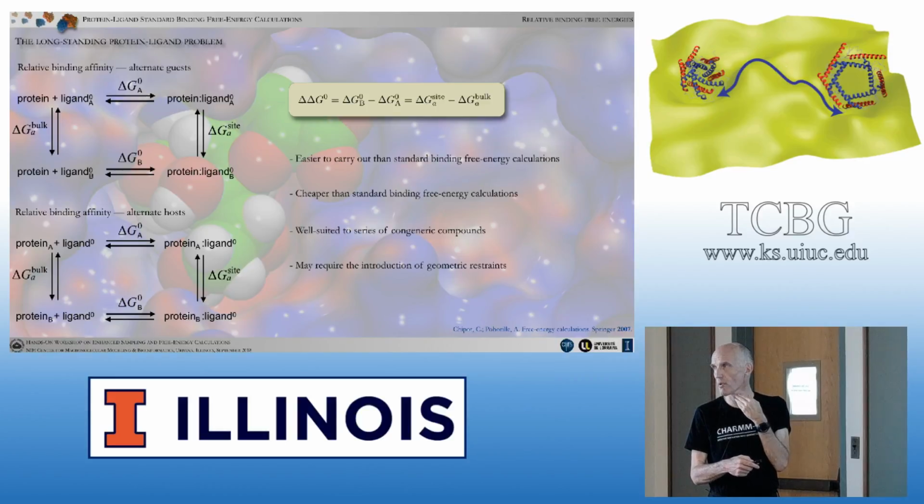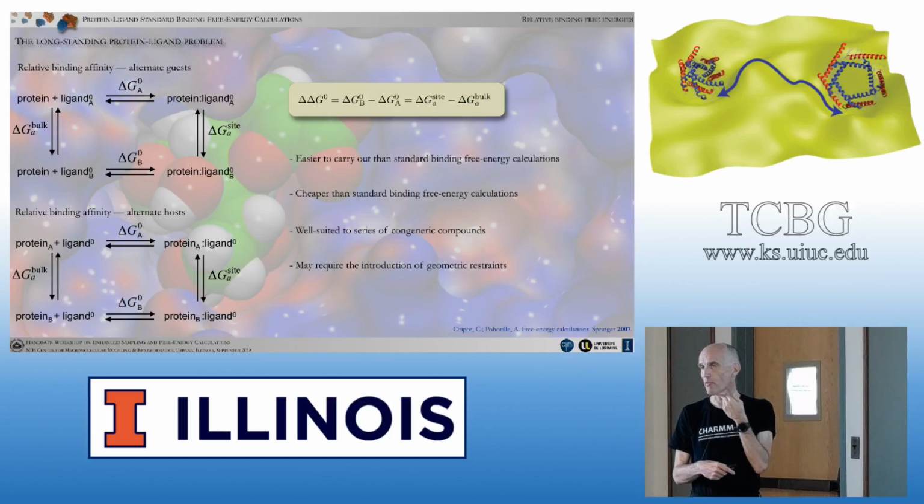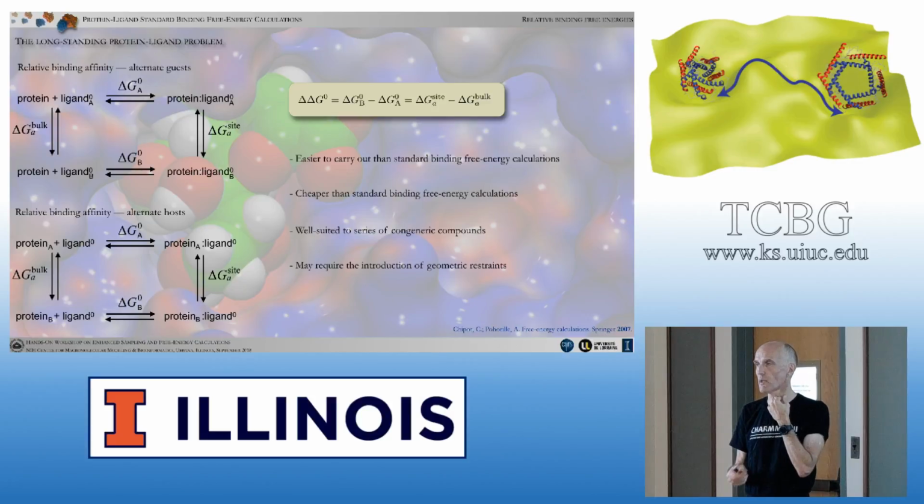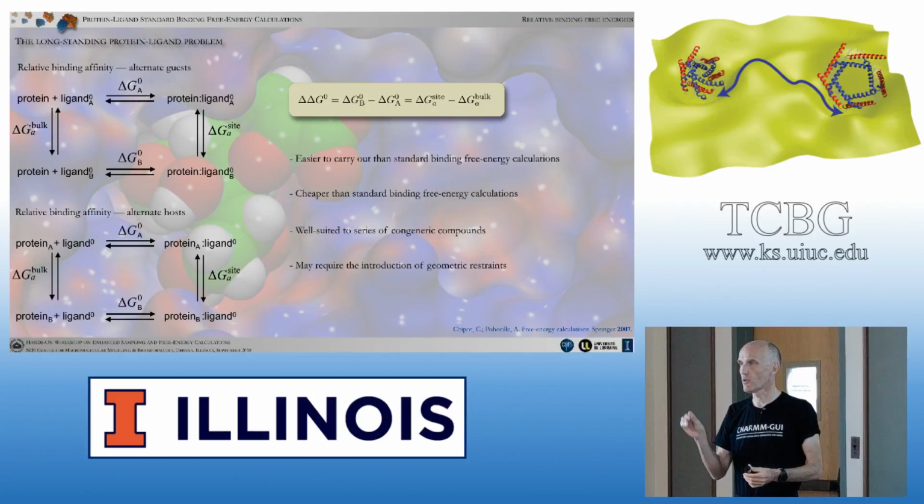And in principle, we don't need to add any restraints. If we deal with a congeneric series of drugs whereby they all look alike, they have the same scaffold, they only differ in the form of a small ornament on that scaffold, like a CH2Cl becoming a CH2OH, those are pretty small perturbations.